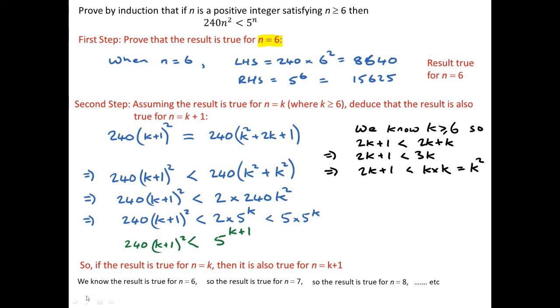And we can go on all the way up through the integers and deduce that the inequality 240n squared is smaller than 5 to the n will be true for all positive integers n greater than or equal to 6.